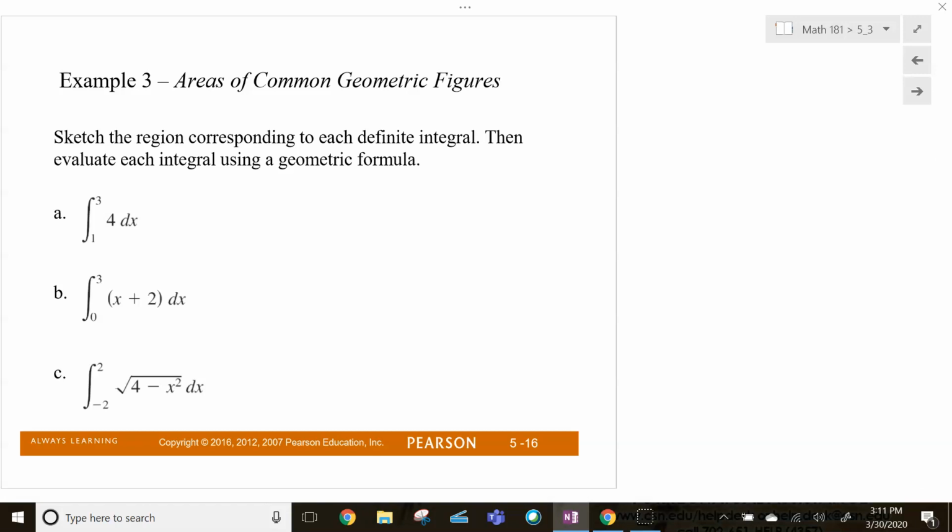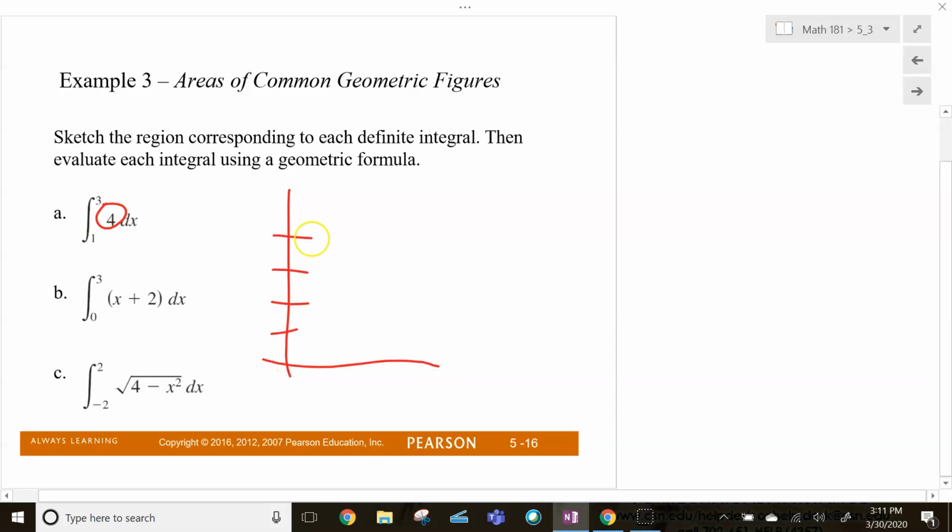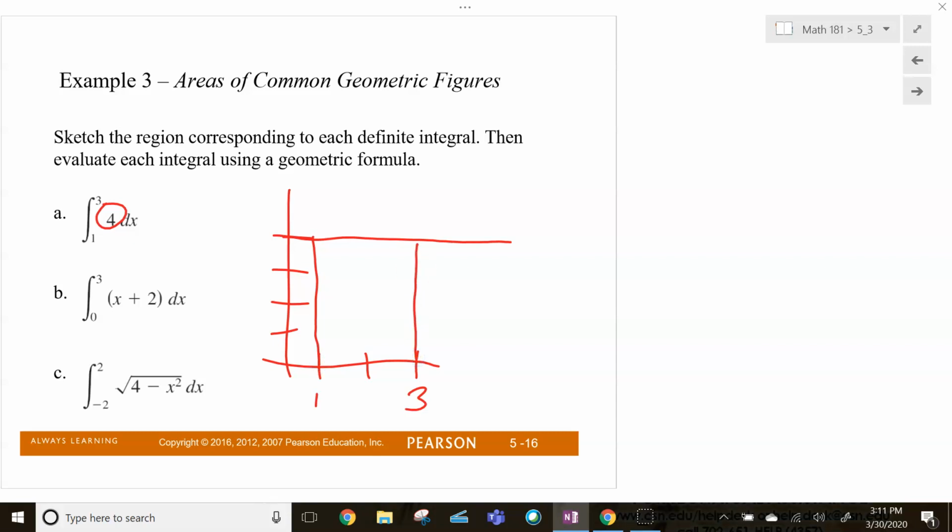The function there is y equals 4. Right? So there's our function. Here's y equals 4, from an x value of 1 to an x value of 3. So this integral is saying, hey, what's this area, right? This is y equals 4.